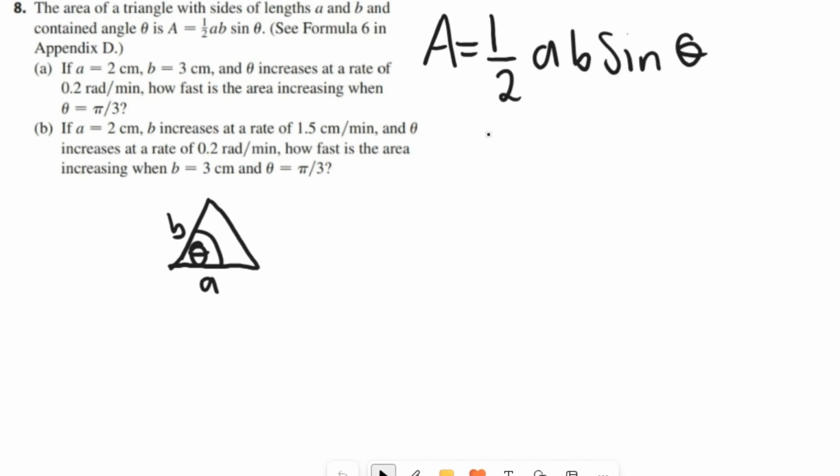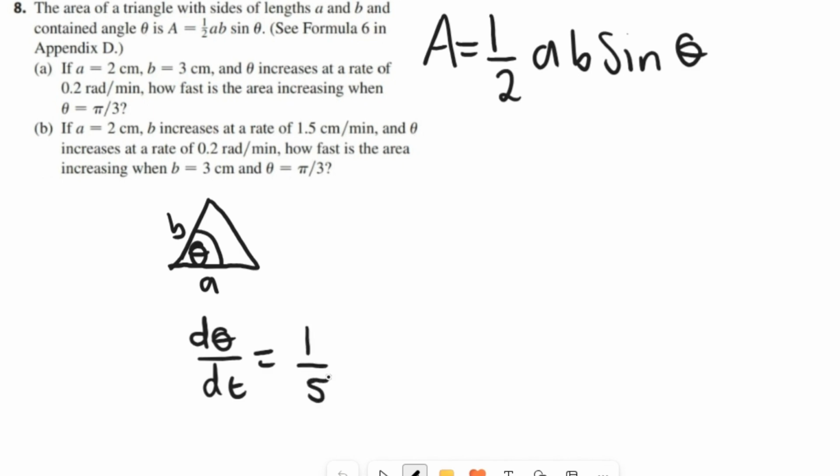Now, this is what they give you. They say A is given as 3 centimeters, and theta increases at the rate of 0.2 radians per minute. So we can write here that d theta/dt is the same as 1/5.